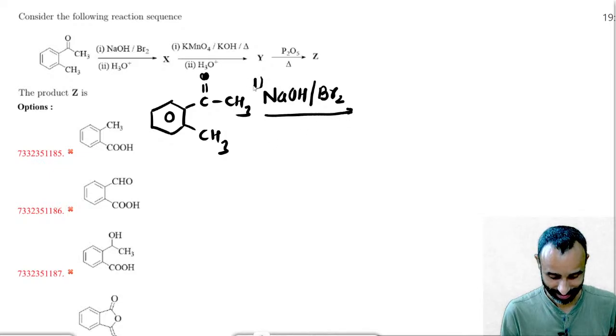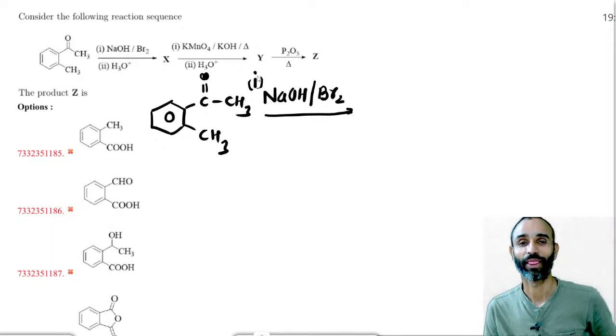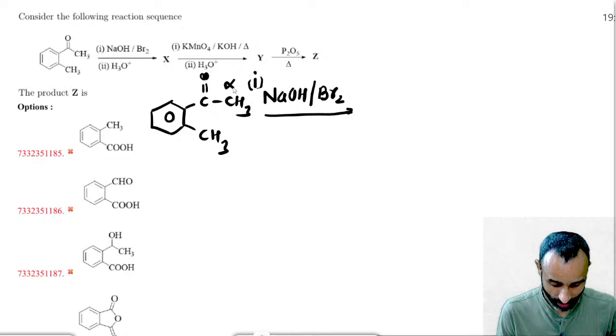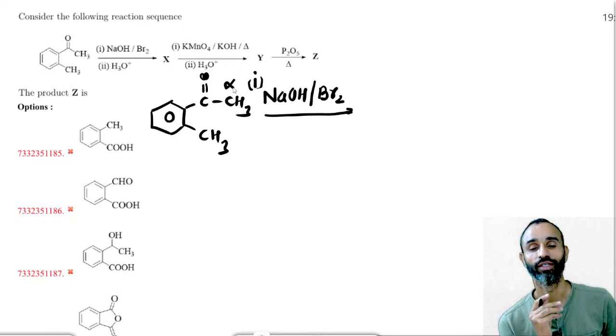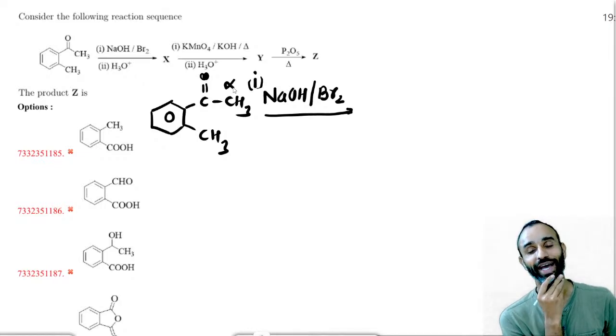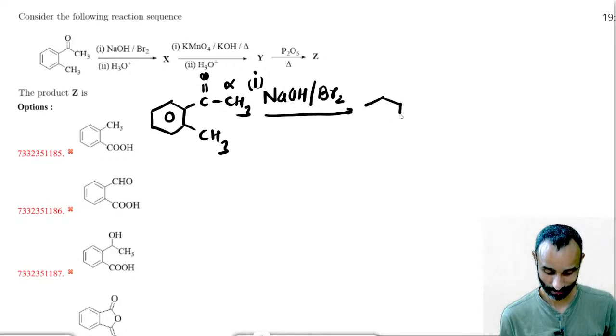Here you have a ketone, and see, it has alpha hydrogen. So it is NaOH and Br2.